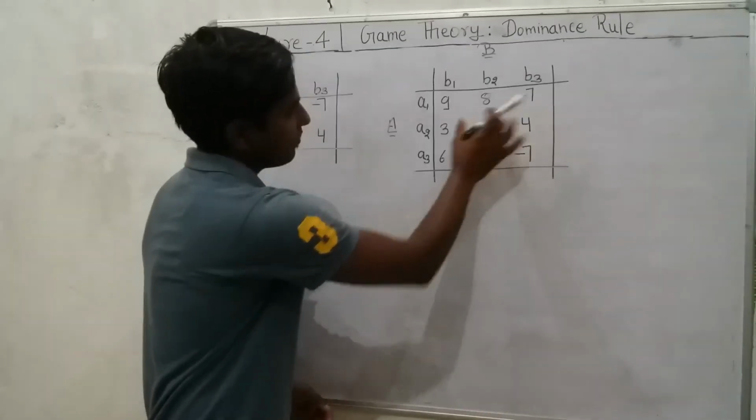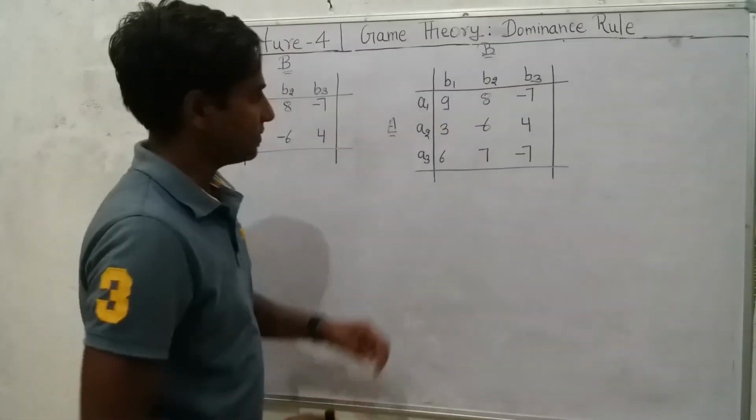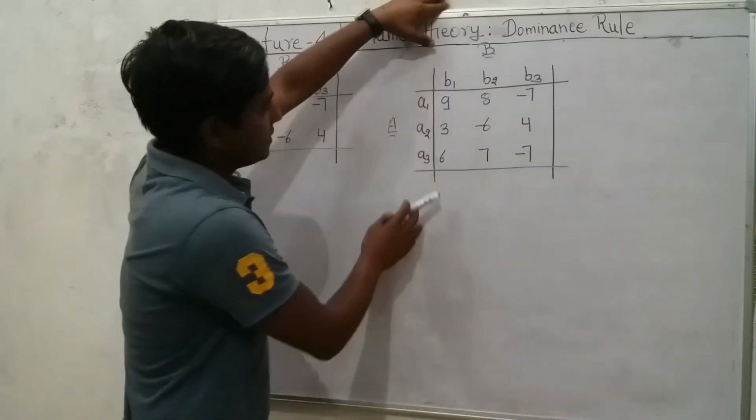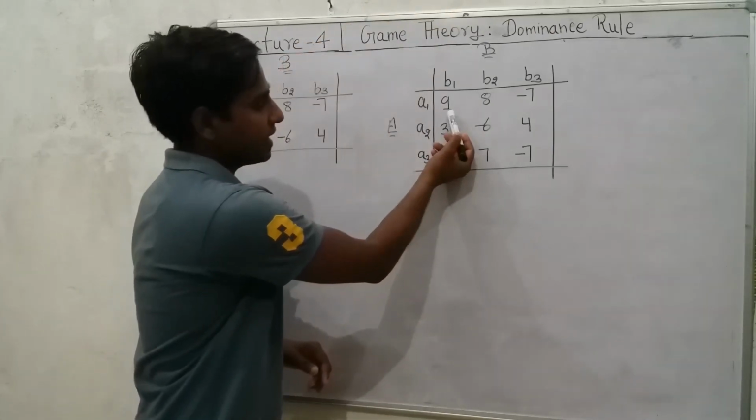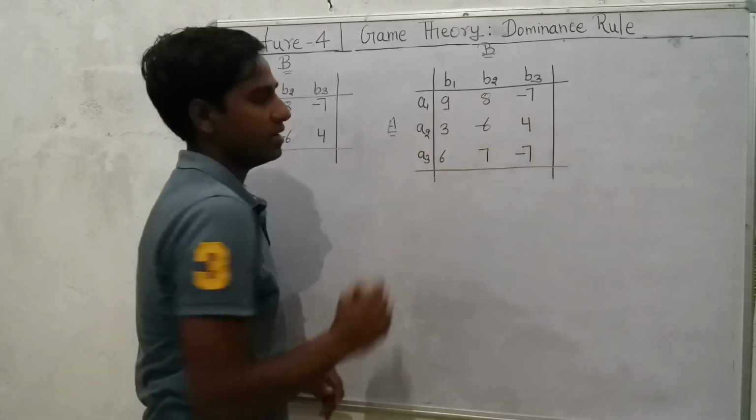In this payoff matrix, we notice the strategy A1, in which the first element is 9, the second element is 8, and the third element is -7.